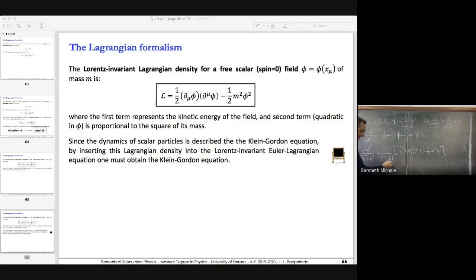The derivative of the field only enters in this first piece, it does not enter the mass term, so that goes to 0 in the derivative. This is essentially a second order term, something like partial mu phi squared, if you want. So when you take the derivative of this, we have 1/2 here, and the square gives a factor of 2, so this is just partial mu phi.